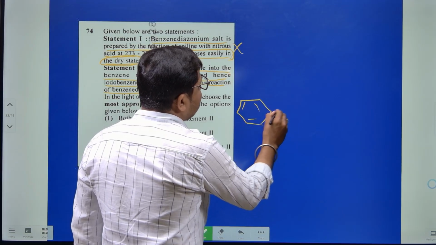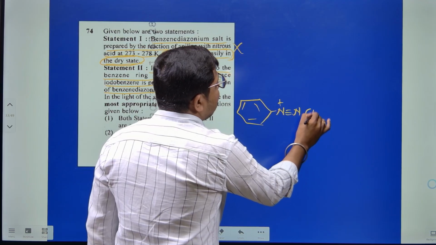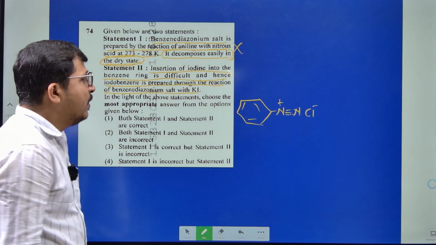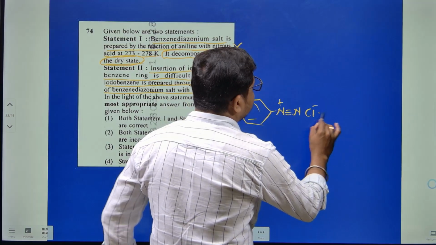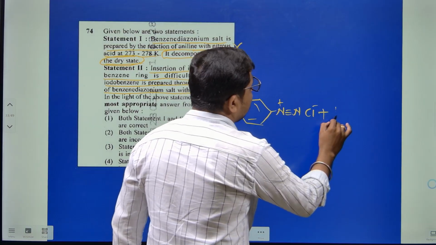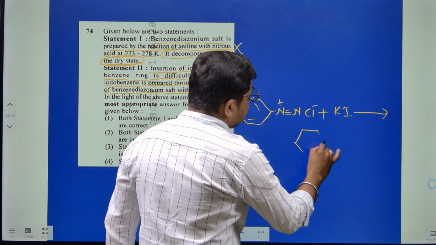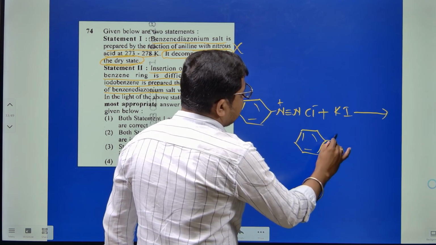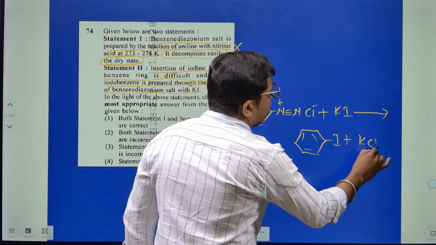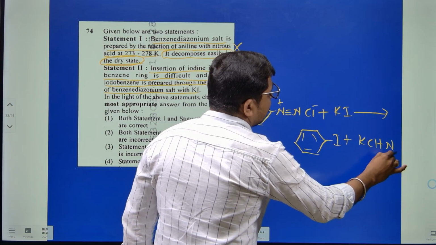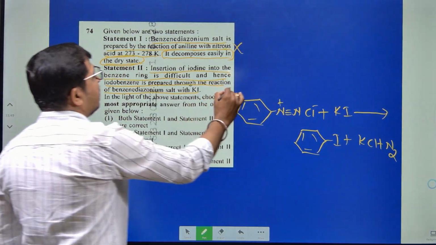This is benzene diazonium chloride, N triple bond N plus and Cl minus. This benzene diazonium chloride on reaction with KI gives you iodobenzene plus KCl plus N2. So this is the product. Hence, the second statement is right.